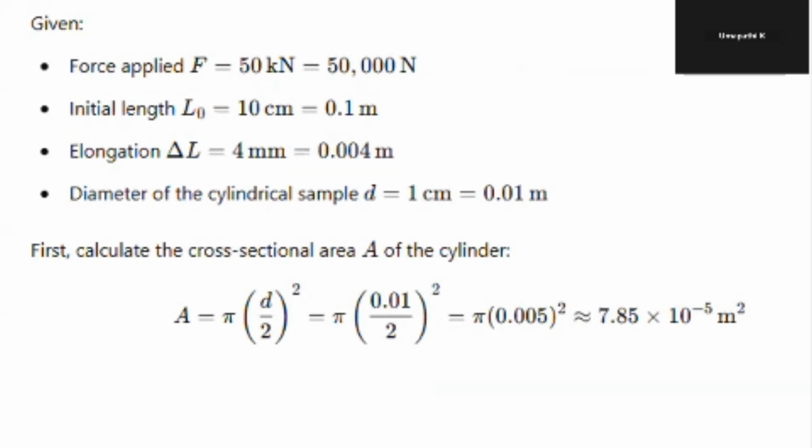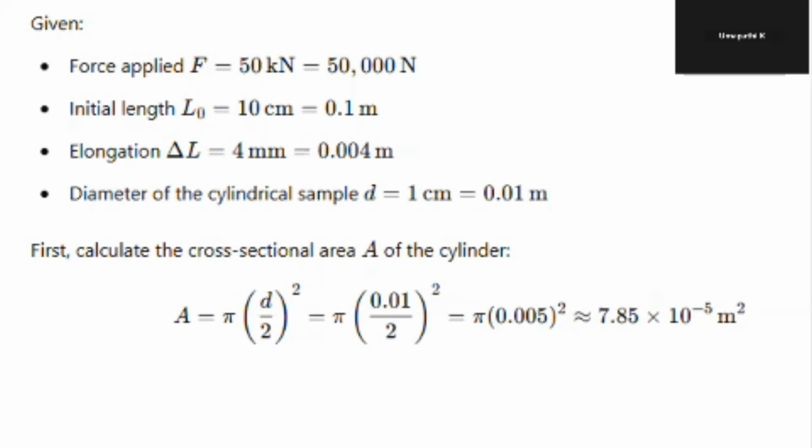So what are the given parameters? In this problem, the applied force F equals 50 kilonewton, which converts to 50,000 newtons. The initial length L0 equals 10 centimeter. To make the calculation easier, we convert everything to the same unit, meters. So 10 centimeter equals 0.1 meter.